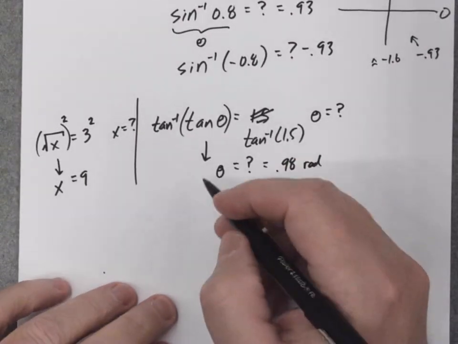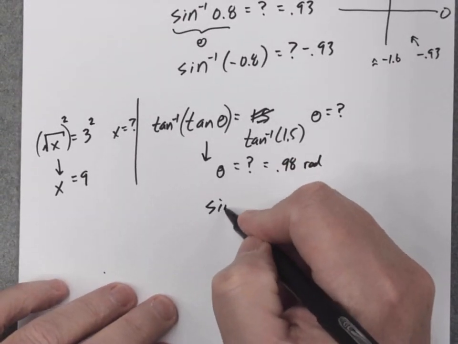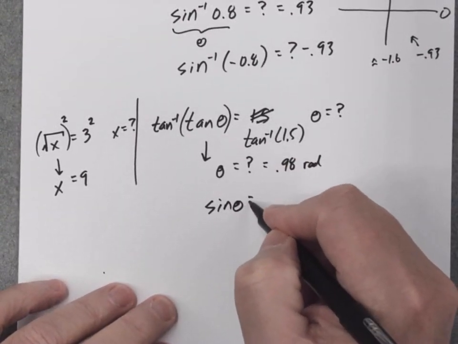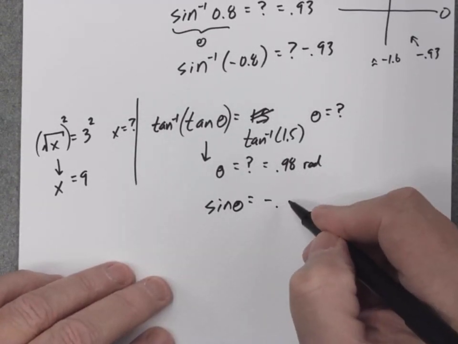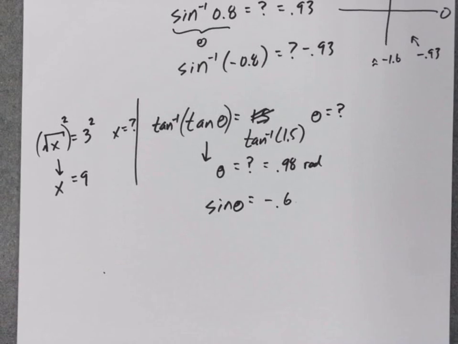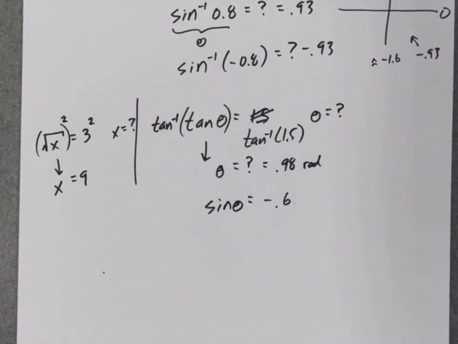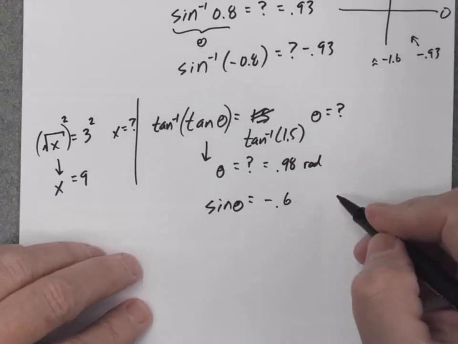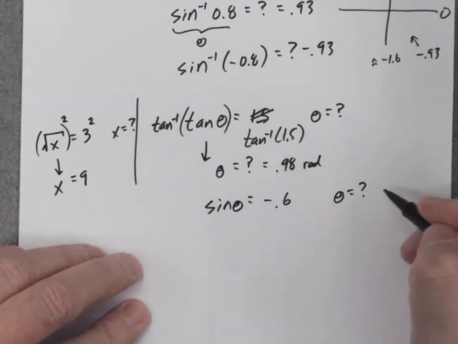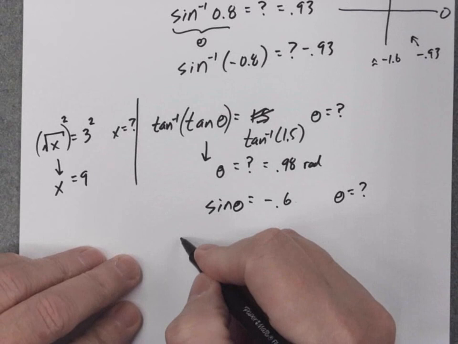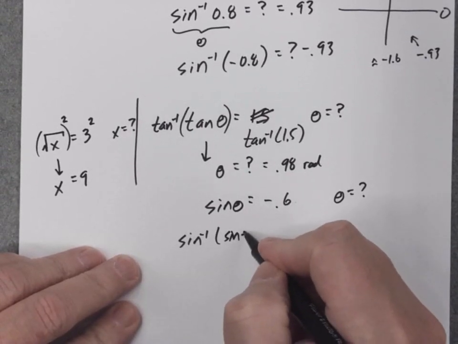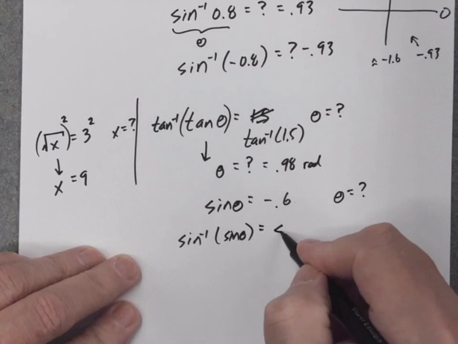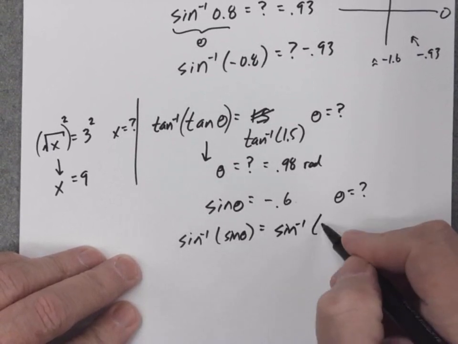So if you have some kind of problem where you've determined the sine of theta is negative 0.6, and I want to know what theta is, what you can do is take the inverse sine of both sides.